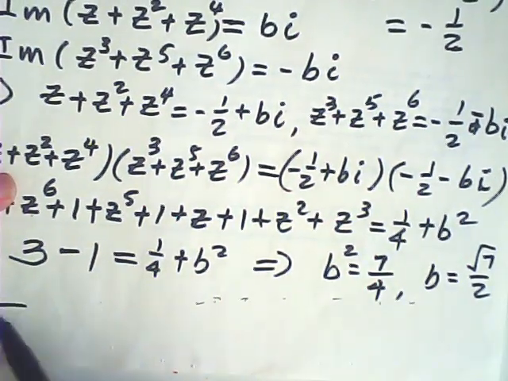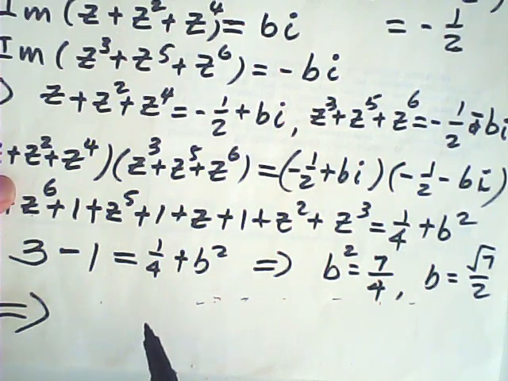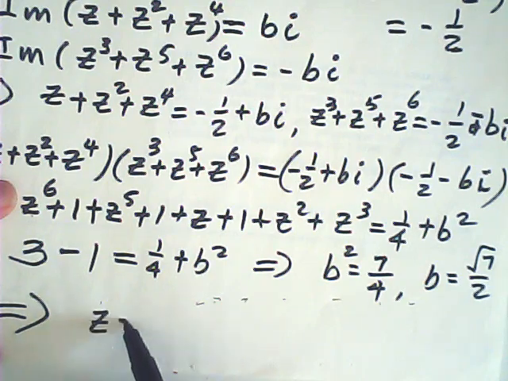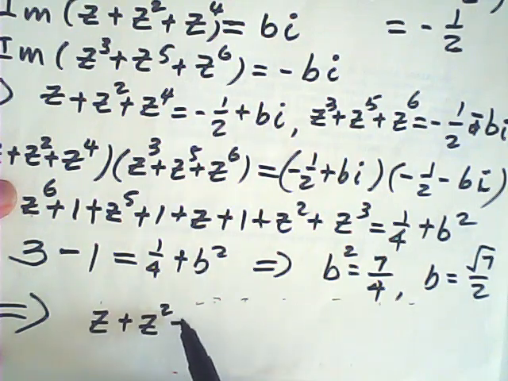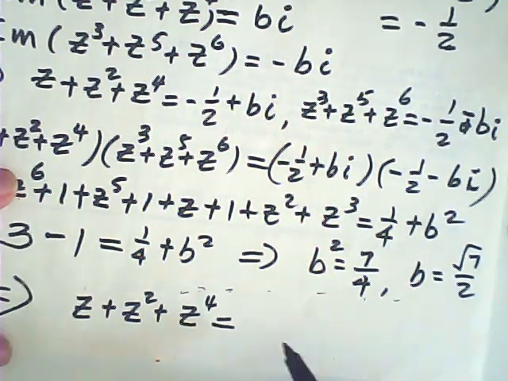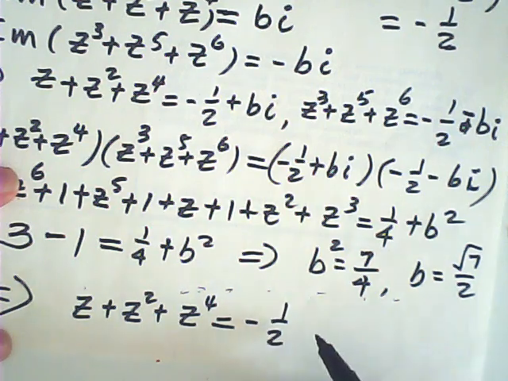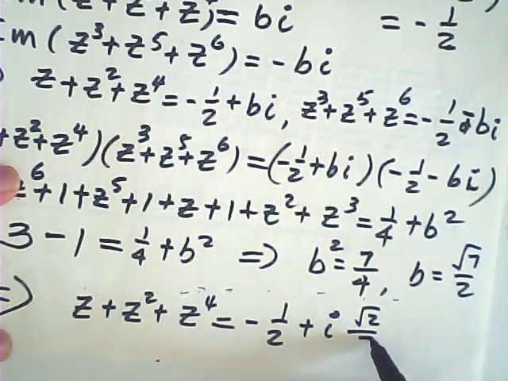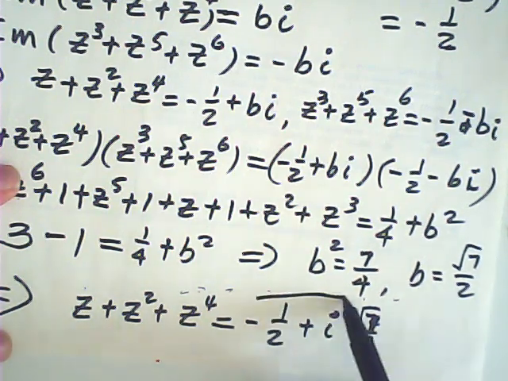Okay, so finally we find z plus z2 plus z4 is equal to -1/2 plus i root 7 over 2.